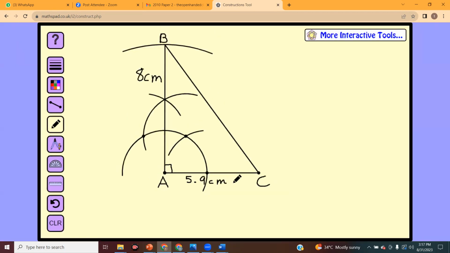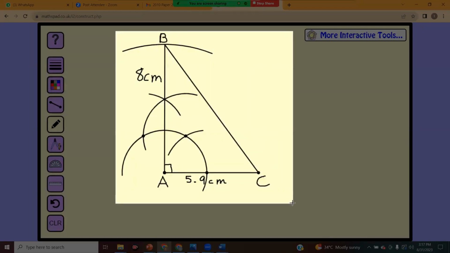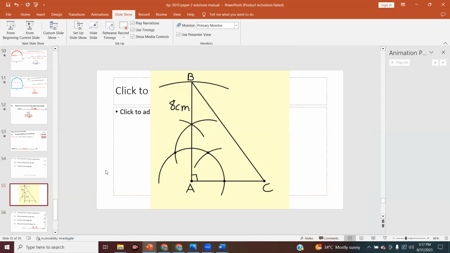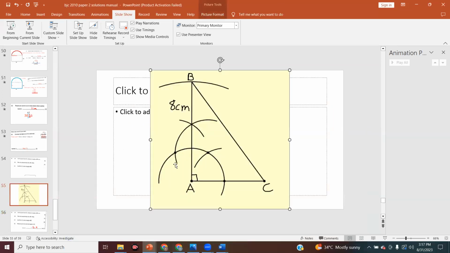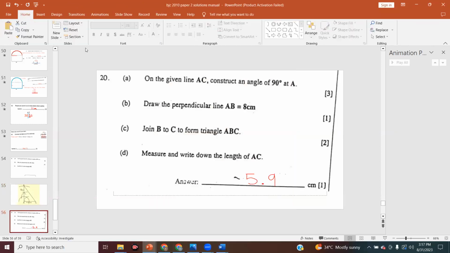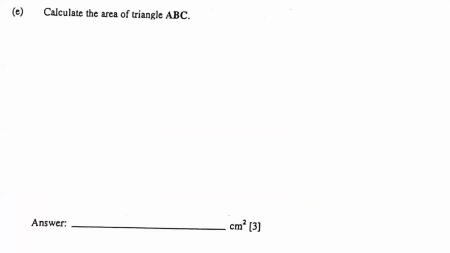All right, and let's take this image instead as the completed image. And so we know what AC is, that's the base. We know what AB is, that's the height. All right, and so we have those numbers. The next thing that they want us to do is find the area of this triangle.